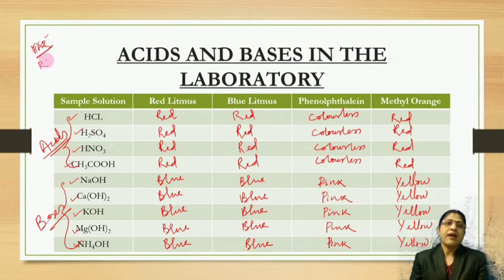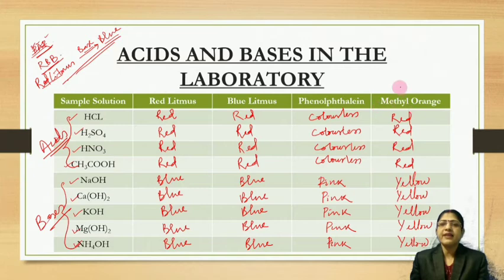Then RBB, round bottom bottle: red litmus in the presence of base turns blue. Regarding litmus, I think there is no doubt. Then phenolphthalein and methyl orange.